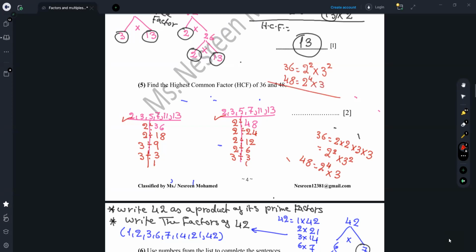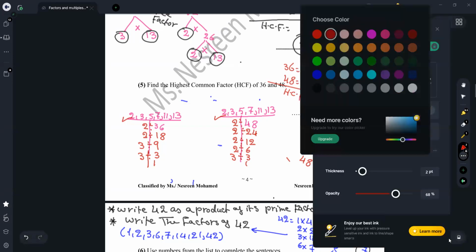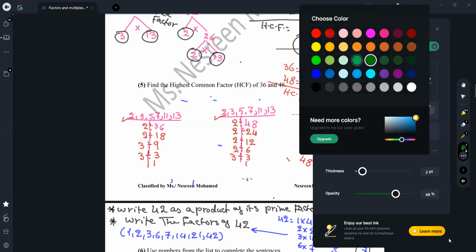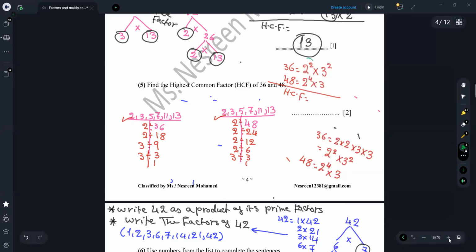We will put here the HCF, the highest common factor. I will take the smallest power. Look here, this is 2 power 2 and this is 2 power 4, the smallest power is 2 power 2, multiplied by the smallest power of 3, which is 3. 2 power 2 is 4. 4 multiply 3 is 12.